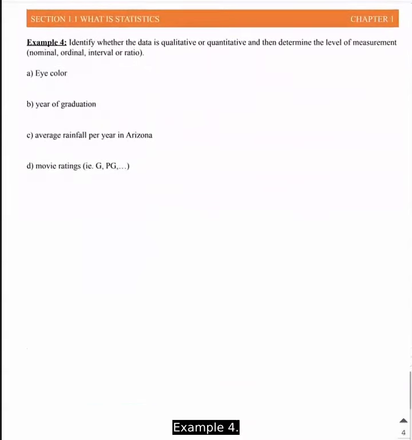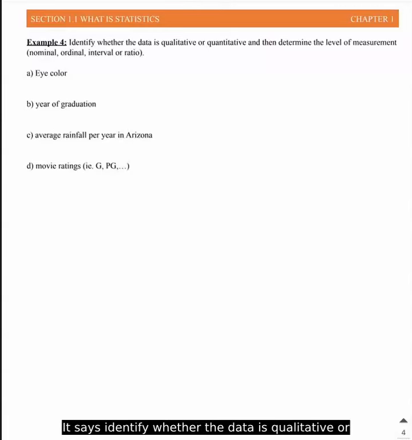All right, so example 4. It says identify whether the data is qualitative or quantitative and then determine the level of measurement. So nominal, ordinal, interval, or ratio. So if I think of eye color, blue, green, brown, that would be qualitative data.